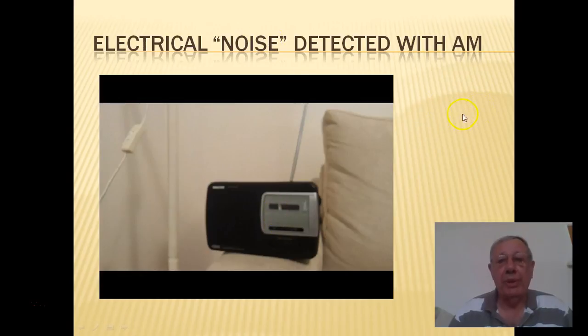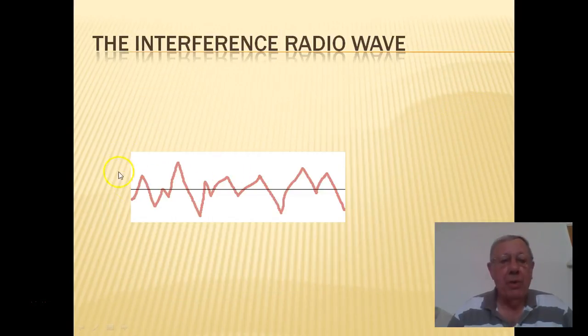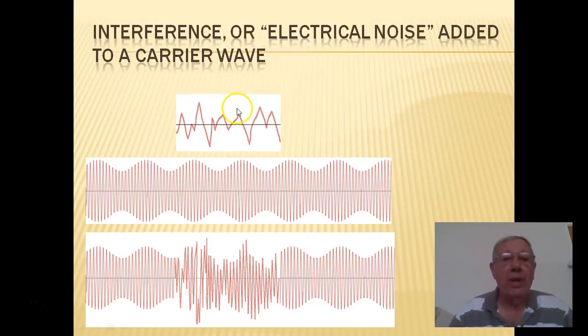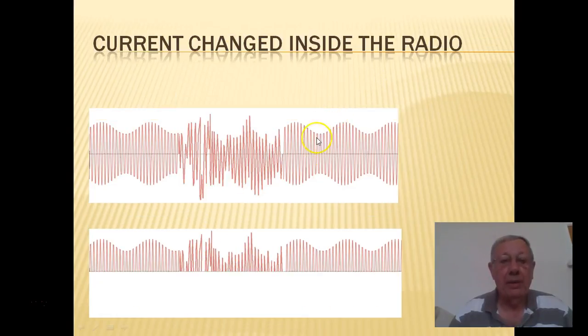This is electrical noise. Now, this might be the sound or the electrical noise. It's not really sound, of course, it's radio waves. So this might be the noise which comes from the wire that I just turned on. This noise is added to the waves which come in, and as you can see, the resultant wave is taken into the radio and passes through the diode in the usual way.